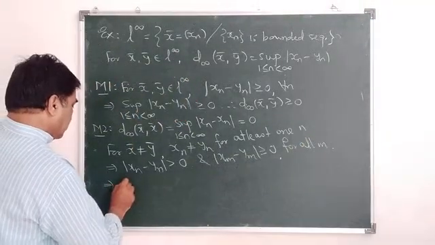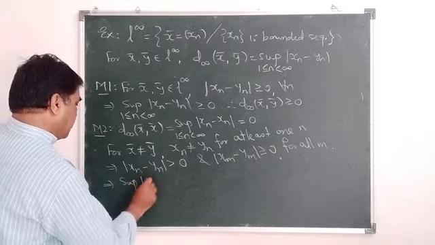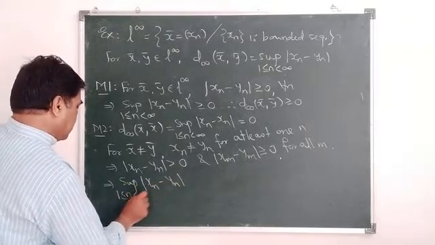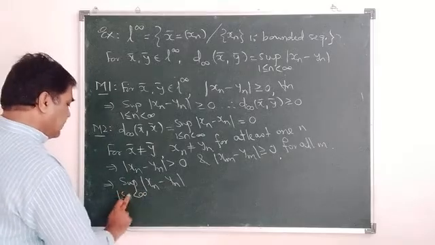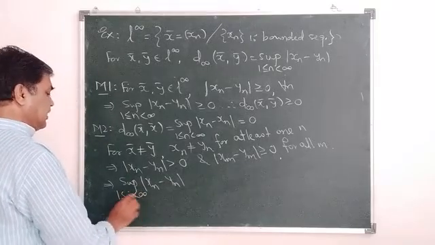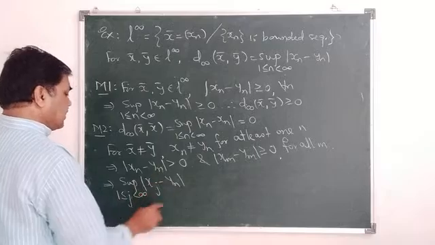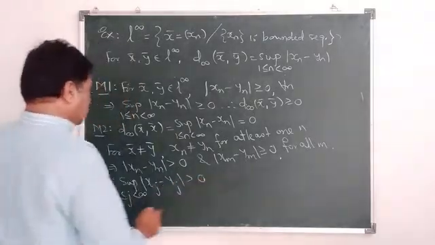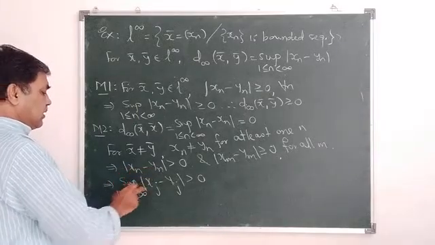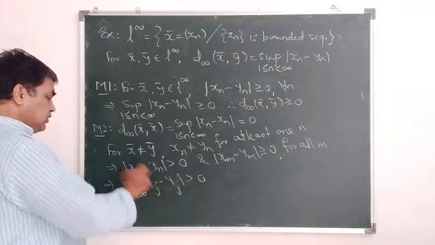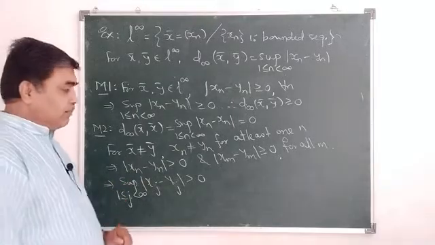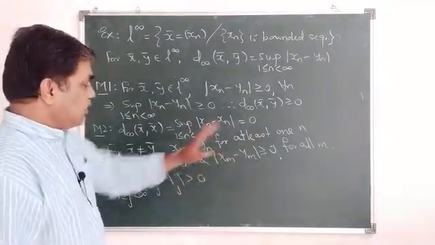Implies supremum of mod of xj minus yj, 1 less equal j less than infinity, must be greater than 0 because mod of xn minus yn is one term among the set for which we are taking supremum, and other terms are greater equal 0.